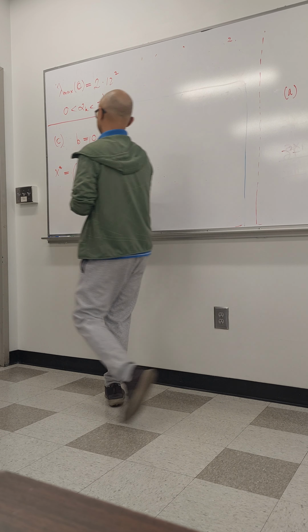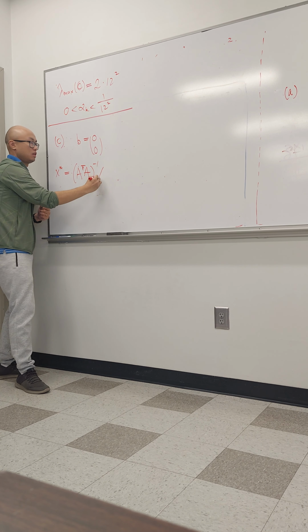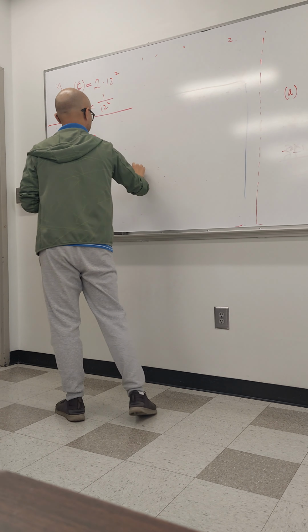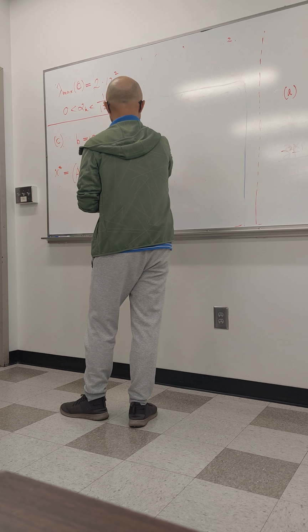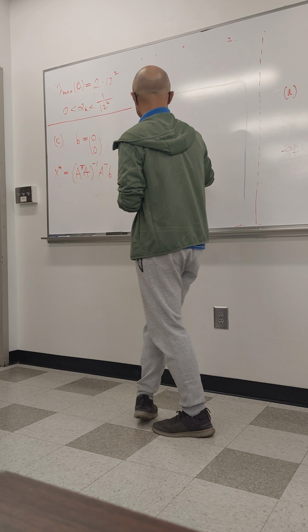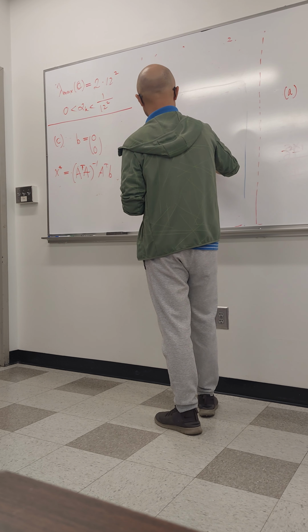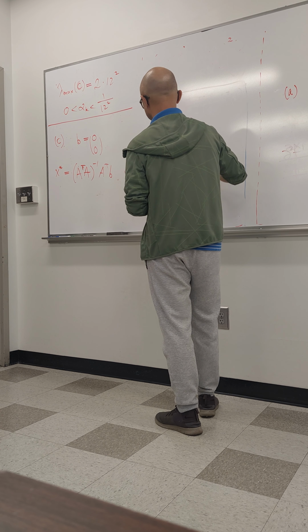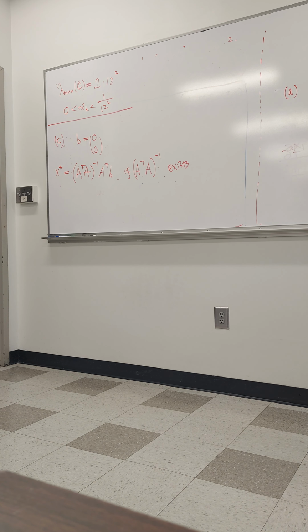So this is the solution: A transpose A inverse A transpose B. If A transpose A inverse exists, okay, so its inverse matrix doesn't always exist. But this one doesn't always exist. So that's a factor.